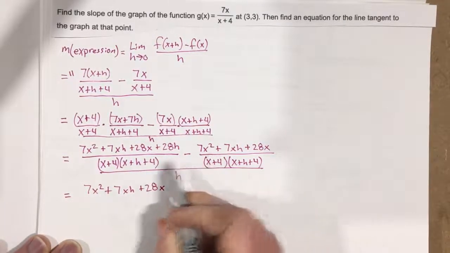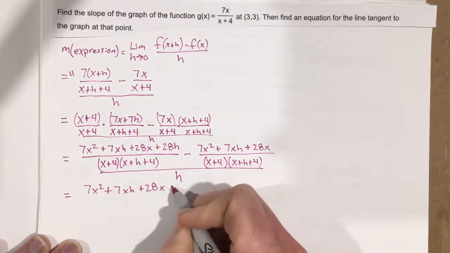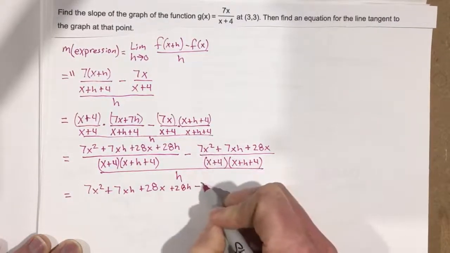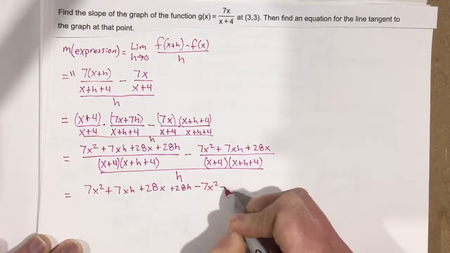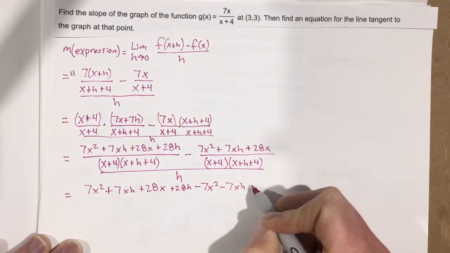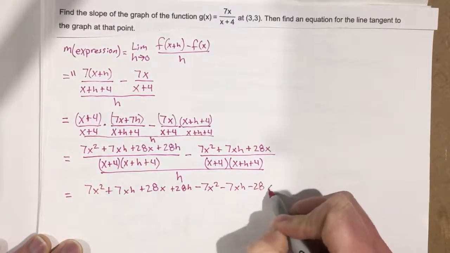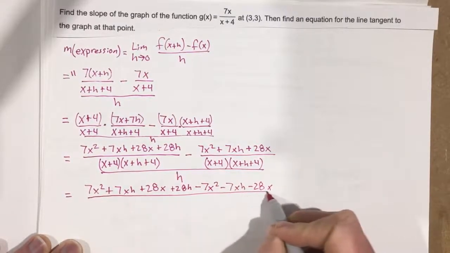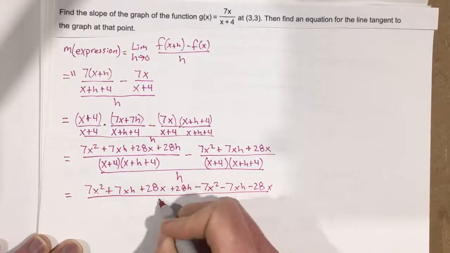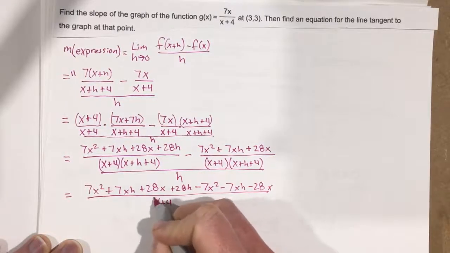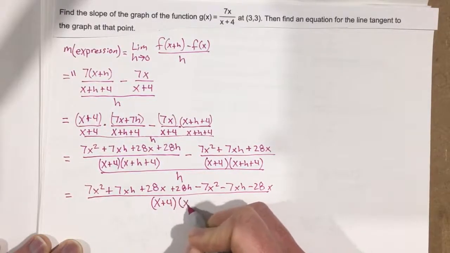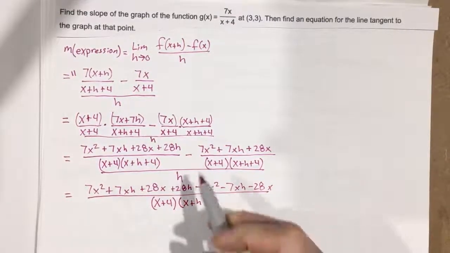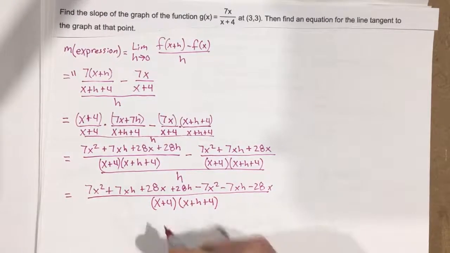We can combine these together, so it's plus 28h, and then we take the negative, and we get negative 7x squared minus 7xh minus 28x. When you distribute that negative to each term, this is all over one denominator now, which was x plus 4, x plus h plus 4. So we combine the two fractions together and distribute that negative. And this is over h.